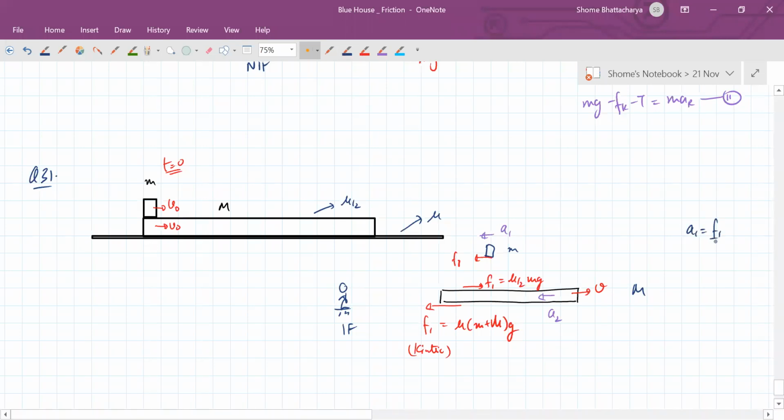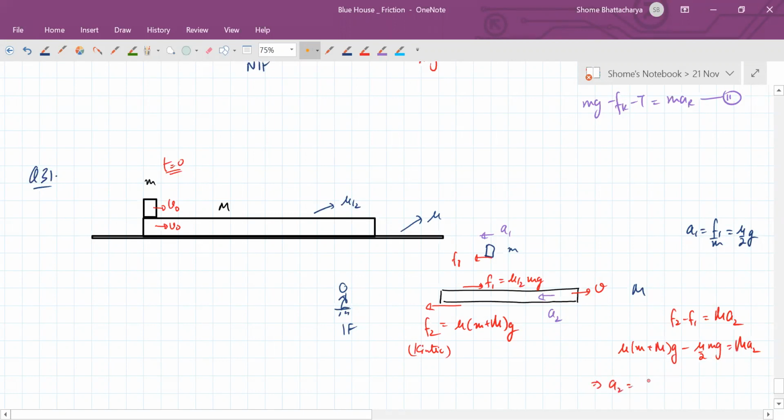E1 will be nothing but F1 by small m, so that is mu by 2g, and for this one we'll have the equation, sorry, let's write this as F2. So what will the equation be for this? F2 minus F1 is equal to capital M into its deceleration A. So mu (m plus M) g minus mu by 2 mg is capital M E2.